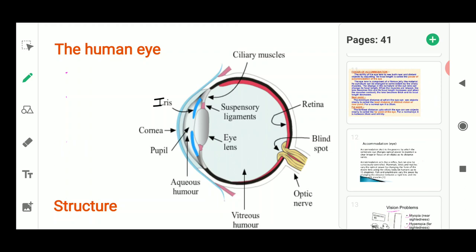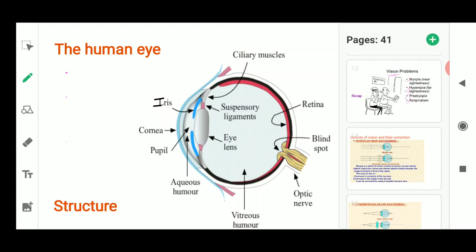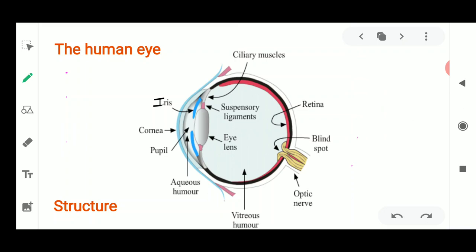So this was the way by which image formation takes place, where the light enters through the cornea, enters inside the pupil, then moves through the aqueous humor, where refraction takes place. Again it moves inside your crystalline lens, which has a different focal length, and then these light rays enter the vitreous humor.